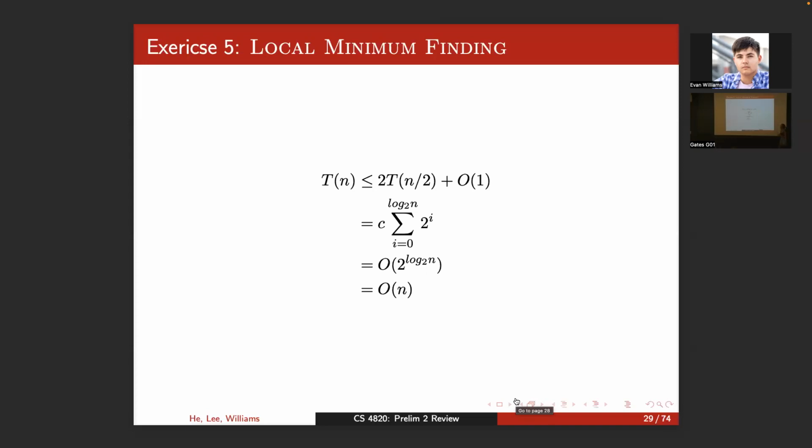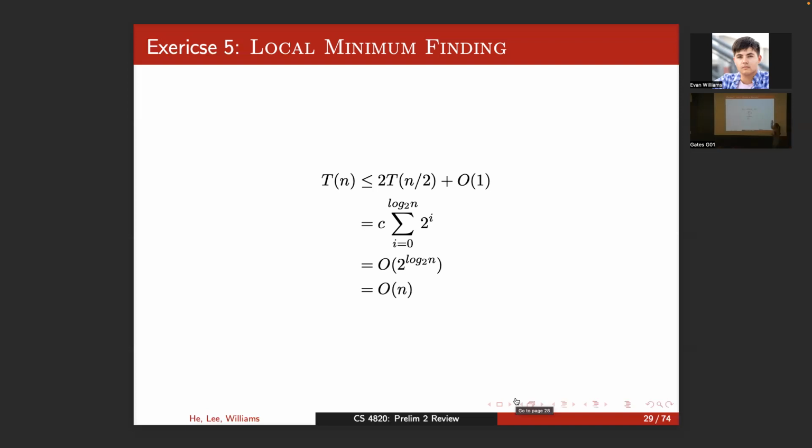For this problem, you would be unrolling it similarly to how we did it before. You're splitting into 2 subproblems, each of n/2 size, and it's constant time at each level. So your runtime is just based on how many subproblems there are at each level.